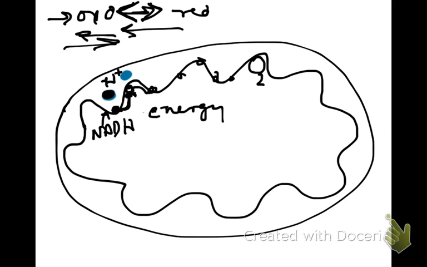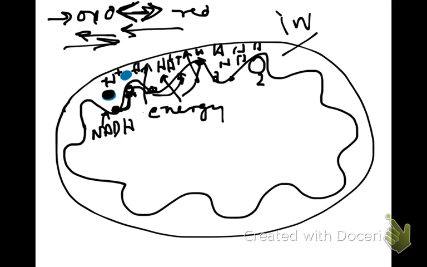Okay, so this transfer, throw out a proton. This transfer, throw out a proton. This transfer, throw out a proton. So suddenly, with this NADH in the picture, there is a lot of protons in the intermembrane space.